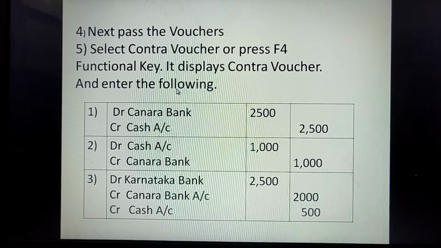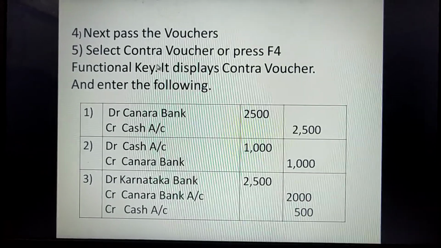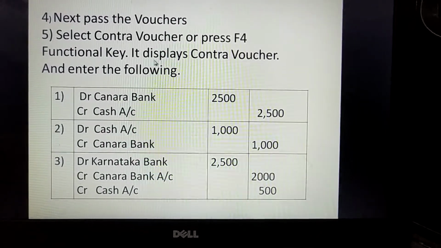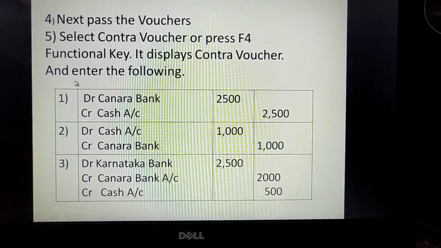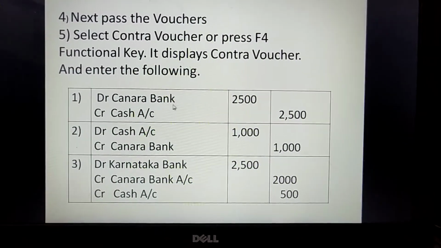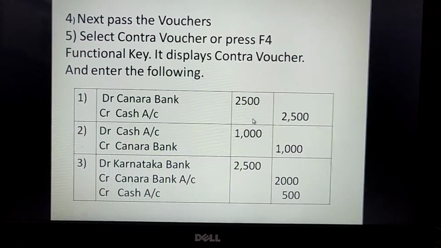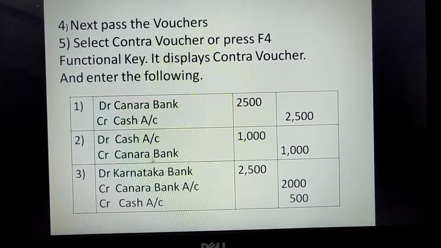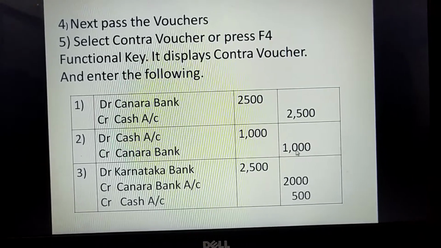Next, pass the vouchers. First, select the contra voucher or press F4 functional key. It displays the contra voucher and enter the following. First, debit the Canara Bank and credit the cash. Debit the cash and credit the Canara Bank.